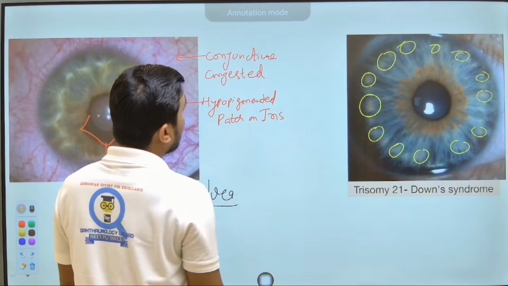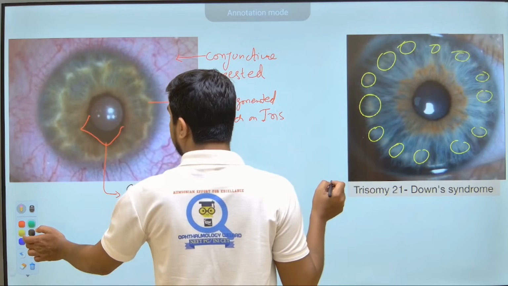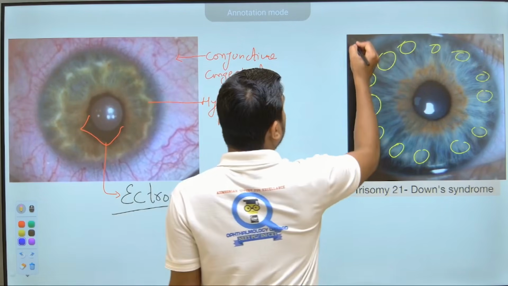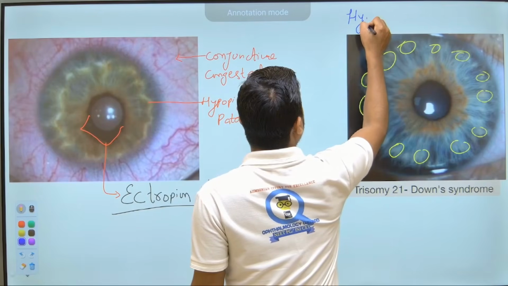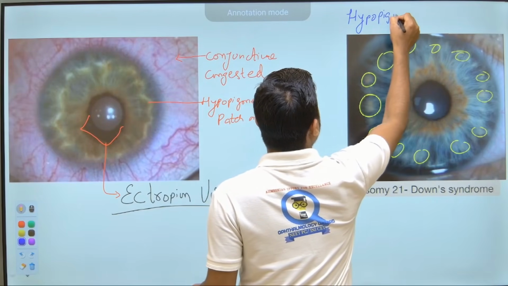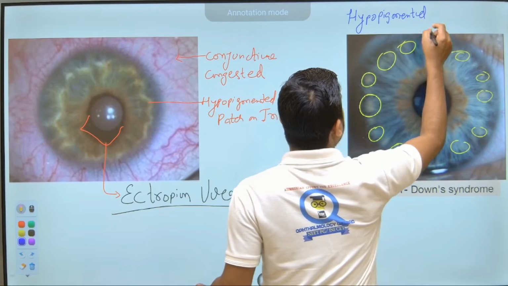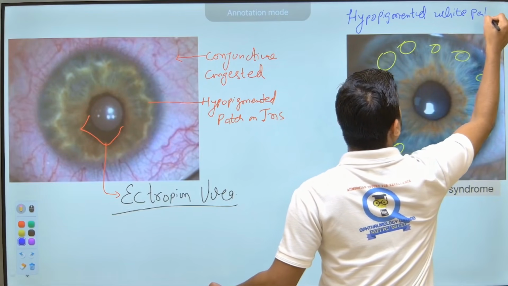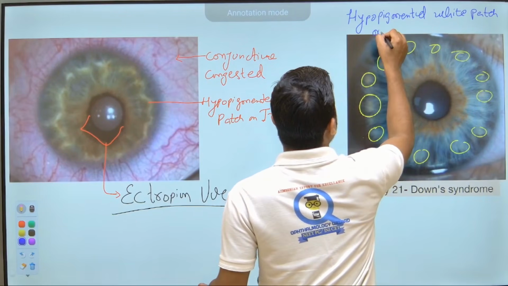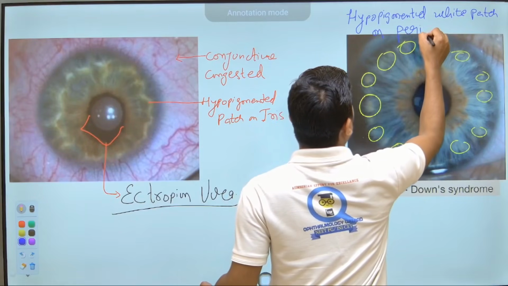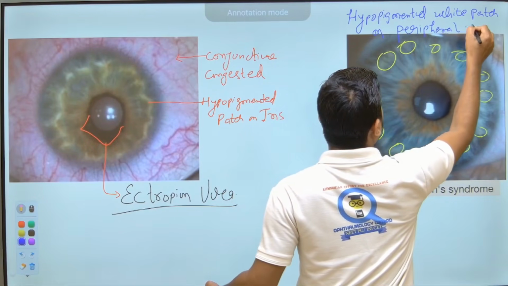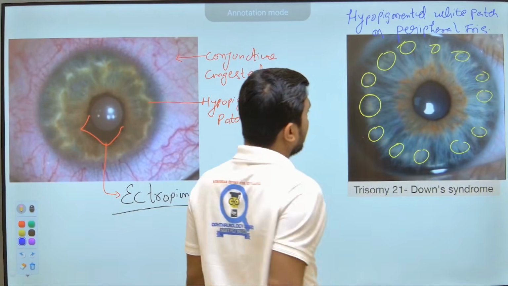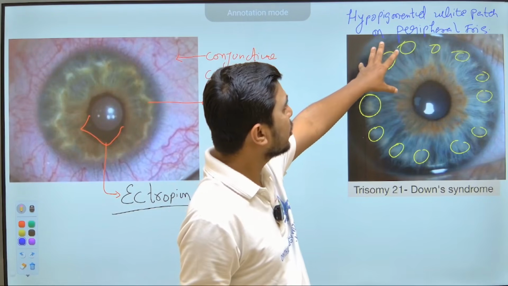So let me write here: this is a hypopigmented white patch on the peripheral iris.